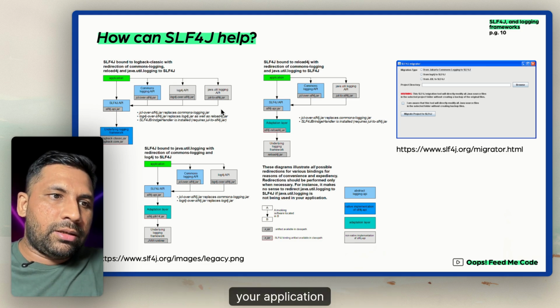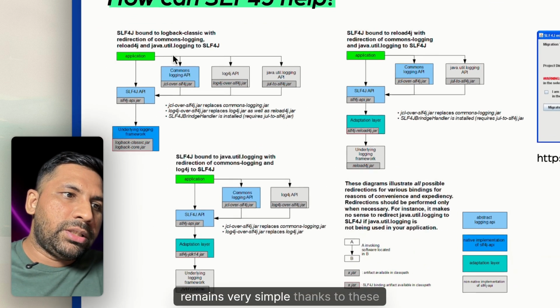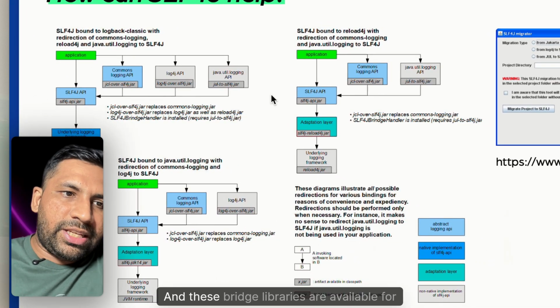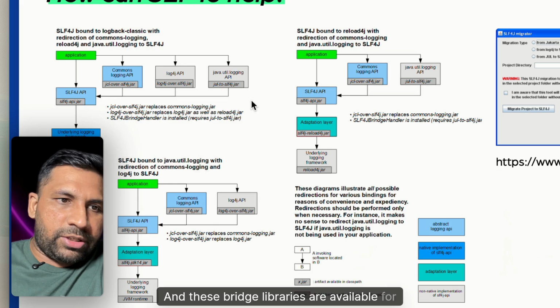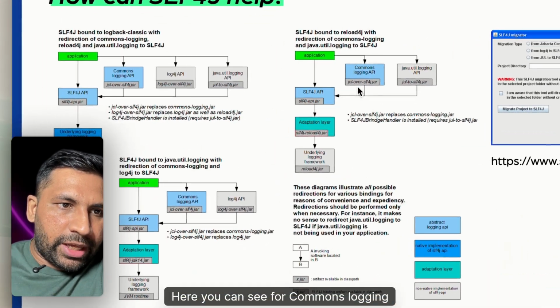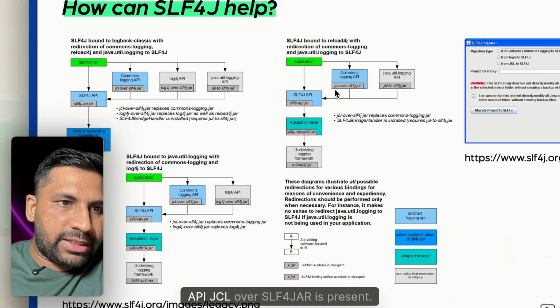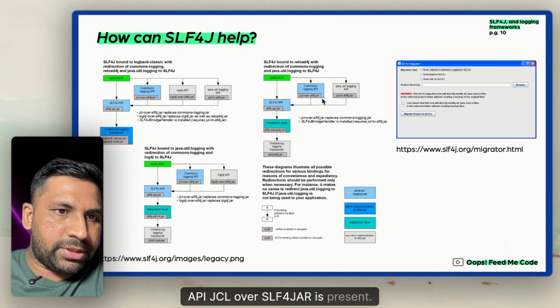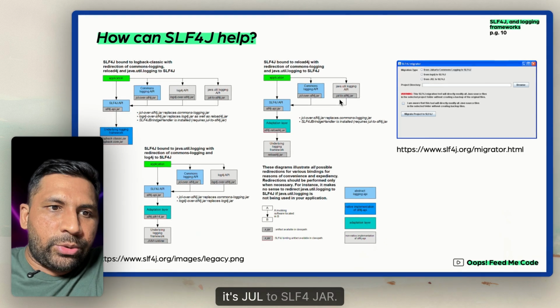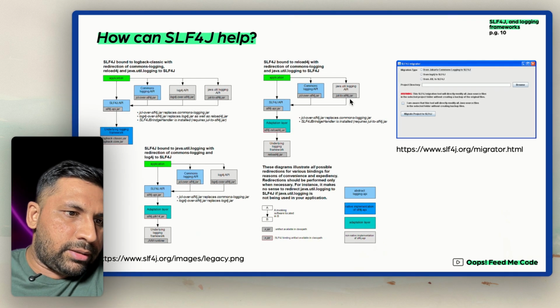So your application remains very simple thanks to these bridge libraries. And these bridge libraries are available for different scenarios. Here you can see for the Commons Logging API, jcl-over-slf4j.jar is present. If you are using the Java Util Logging API, it's jul-to-slf4j.jar.